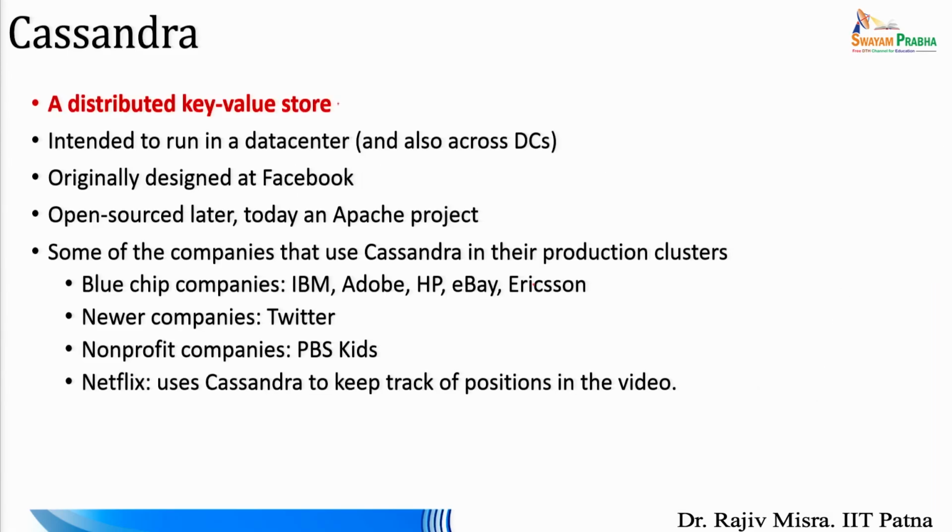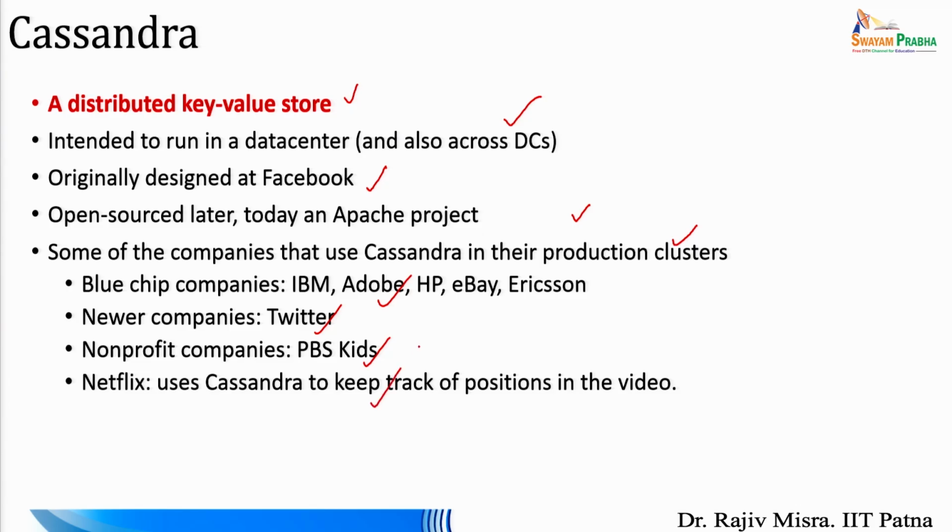Now, Cassandra is a distributed key value store, and it is intended to run in the data center, that is, across data centers. Originally it was designed at Facebook and today it is open sourced and an important Apache project. Some of the important companies that use Cassandra in their clusters are IBM, Adobe, HP, Ericsson, Twitter, PBS Kids, and Netflix, which uses Cassandra to keep track of the positions in the video.